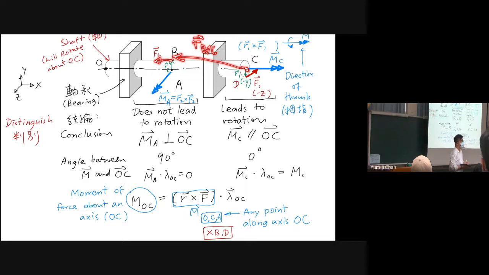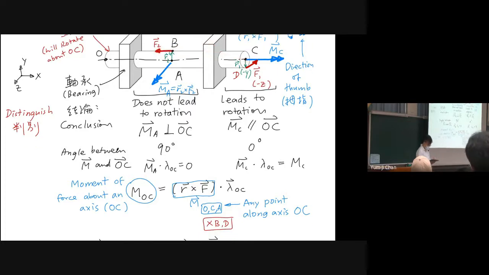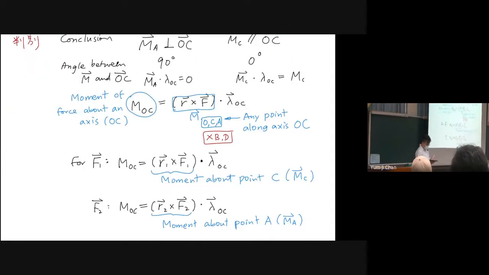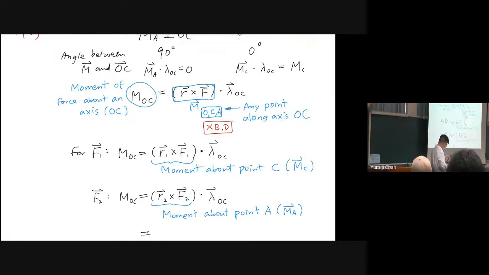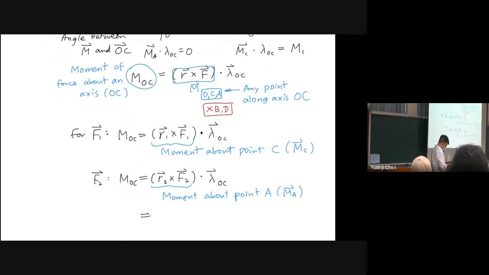The answer is yes. As long as your point of reference is along axis OC, you can take it as the point of reference. So you can say this is R B with respect to C, then cross F2, and then dot the unit vector of OC.